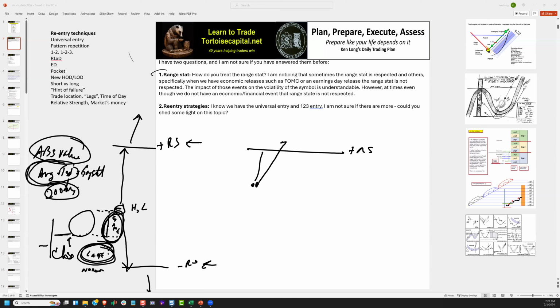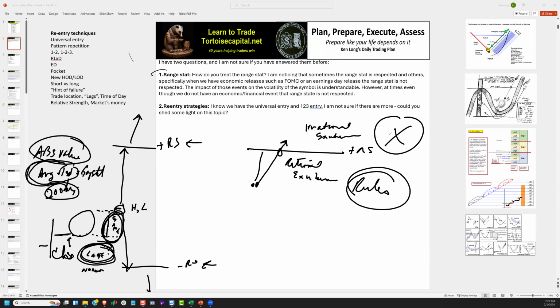if this is the kind of day that breaks through the range stat, we've gone from the world of rational exuberance to the world of irrational exuberance. And what that means is the rules that you use down here don't apply up in here.